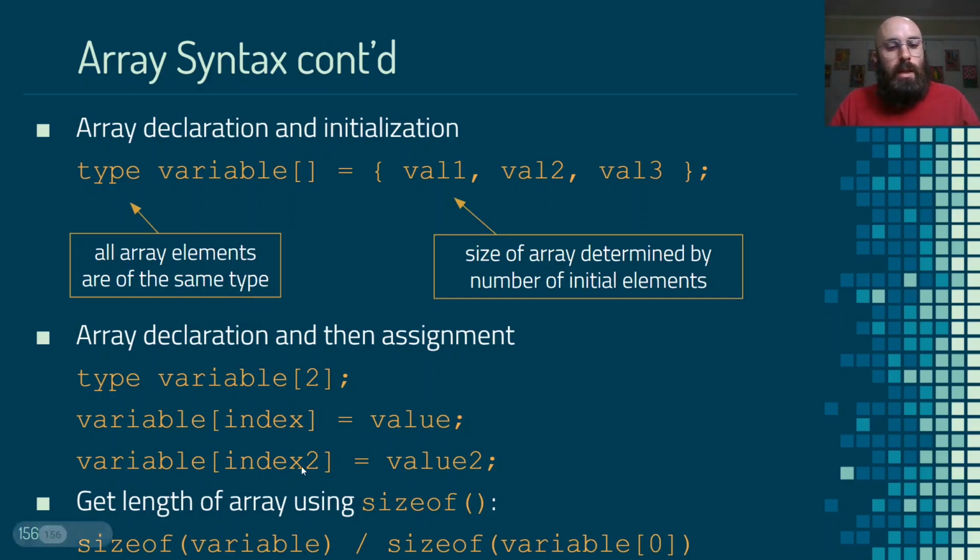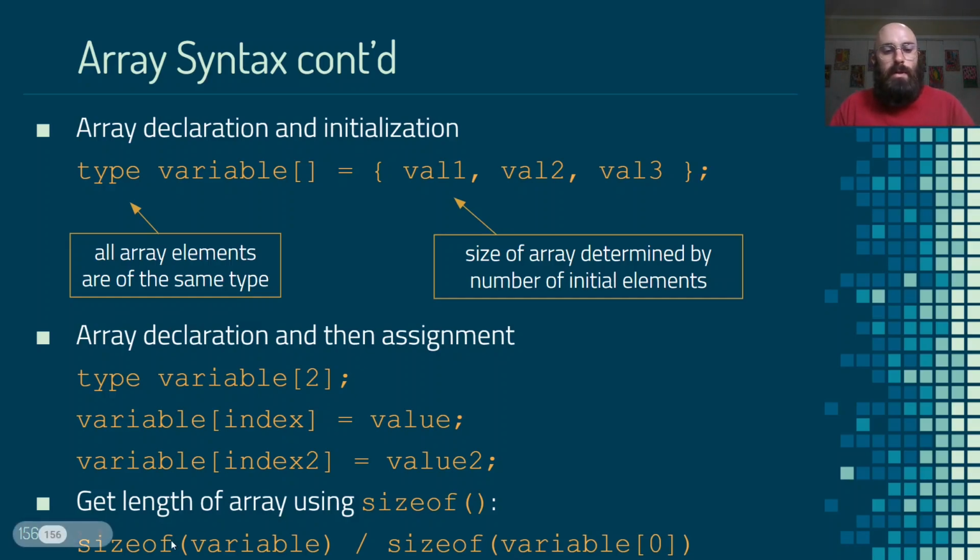And then to get the length of an array, we use sizeof. We went through this in the previous video. What happens is sizeof tells us how much space in memory is allocated to that array. So first we determine the total size allocated to the variable that represents the array, but then we need to divide that by the size of one of the specific elements, because an element in an array could be comprised of multiple blocks of memory.